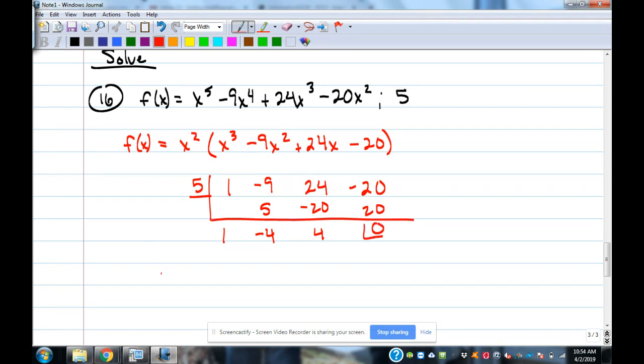So now the factors are x squared that I pulled out at the beginning. What's the factor for the 5? X minus 5. That was that factor. And then what's left here is x squared minus 4x plus 4.